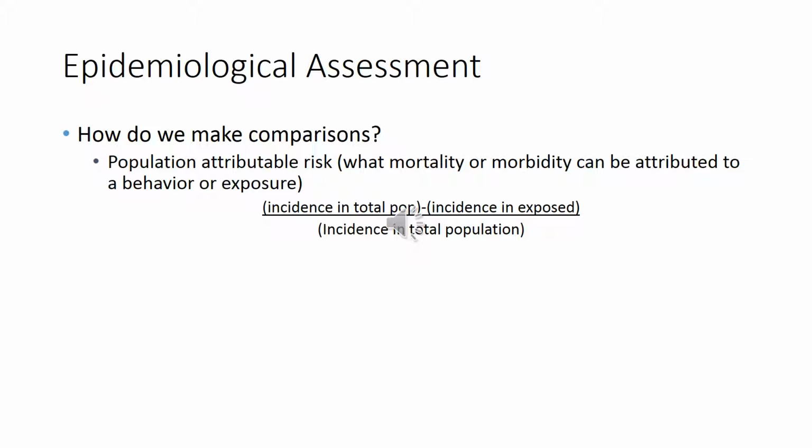So to find out what attributable risk cigarettes have on mortality from lung cancer, we would take the mortality in the total population minus the mortality in the exposed population over the total population mortality, and we could see how much of this was related to cigarette smoking.